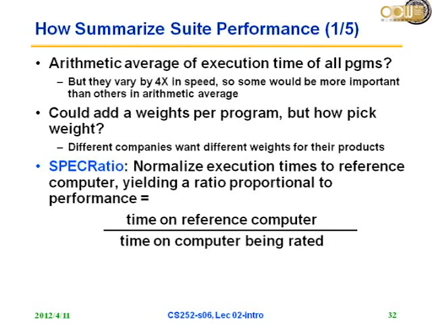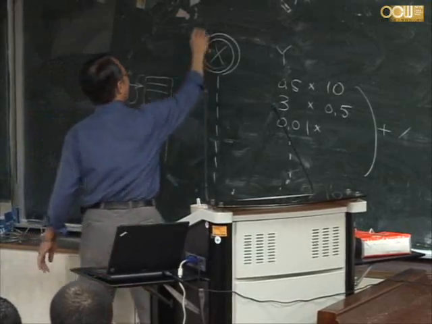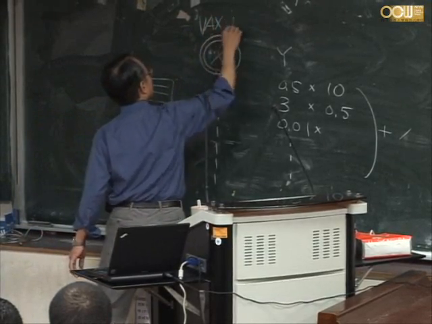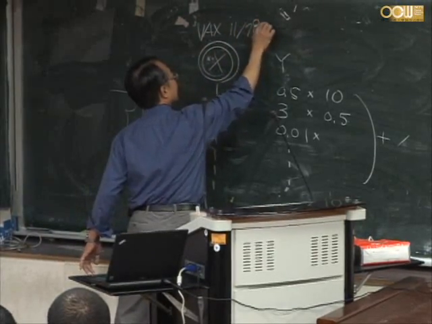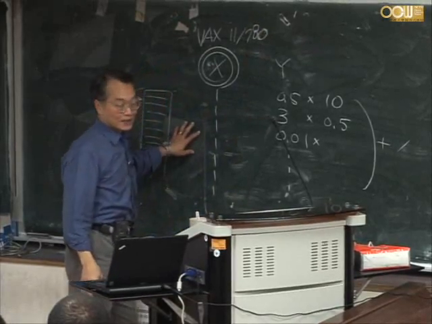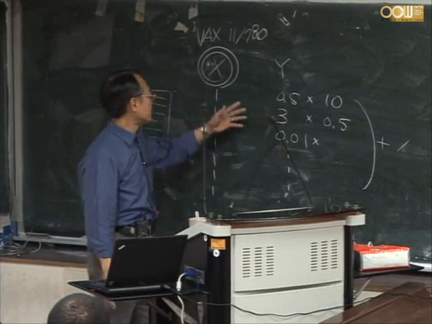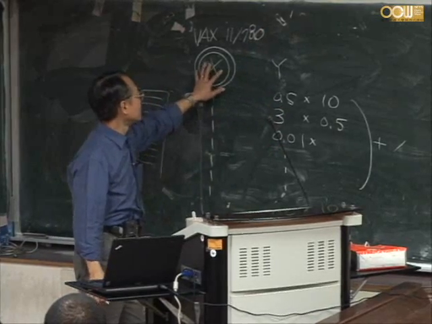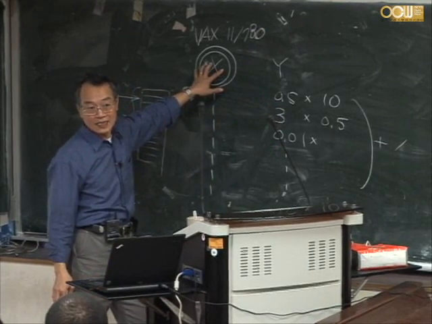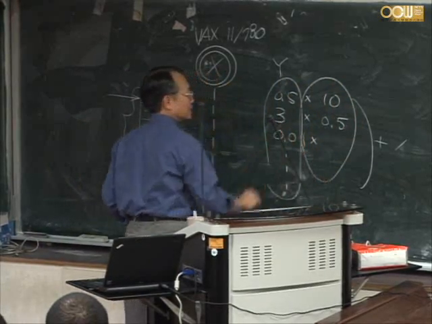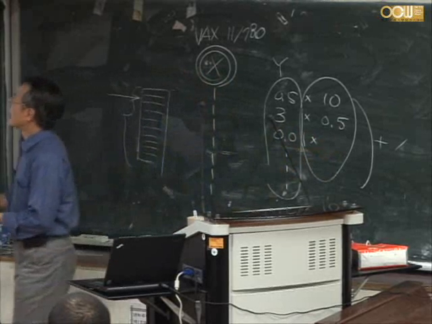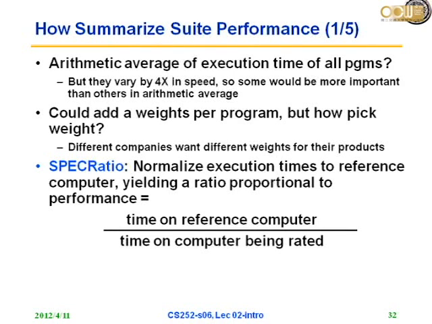We pick one computer which is commonly acceptable to other companies, which is the VAX 11/780, and calculate the relative performance of the other computers to this VAX 11/780, and use these numbers, perhaps adding a weighting factor, to summarize the execution time.